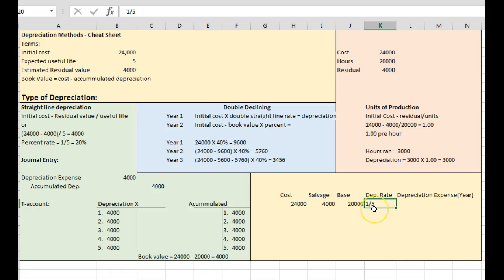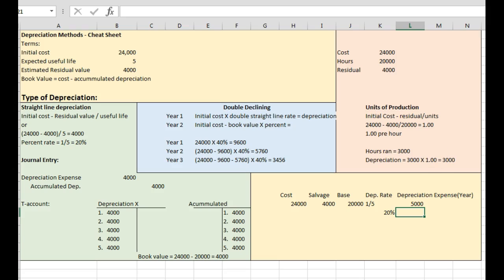So that 1/5 is what in a percentage? I think that's 20%. So either way will work, whichever way your mind works. Your depreciation for each year on that $20,000 is going to be $5,000, right?